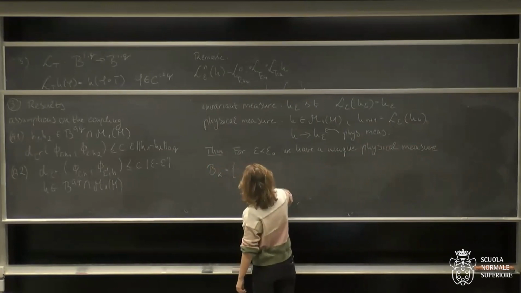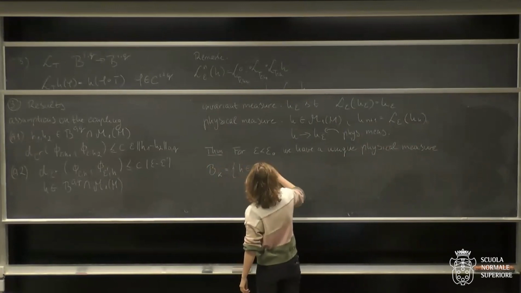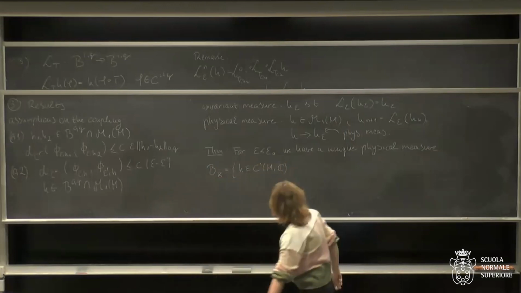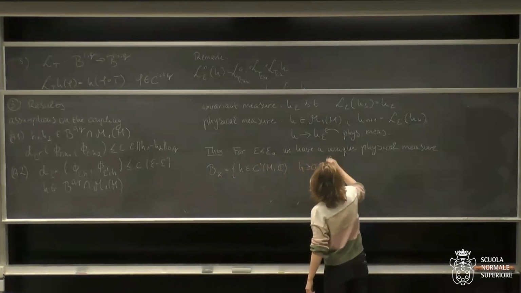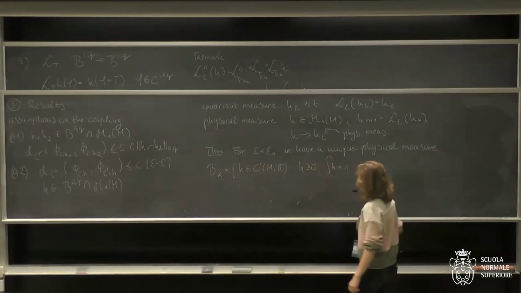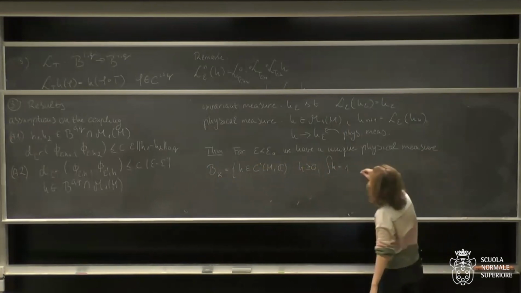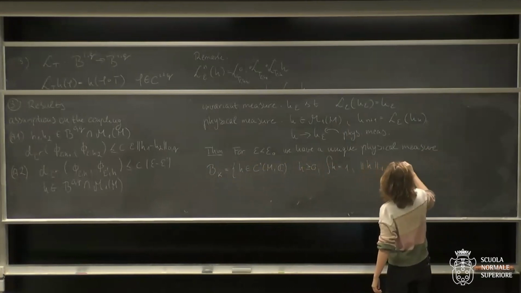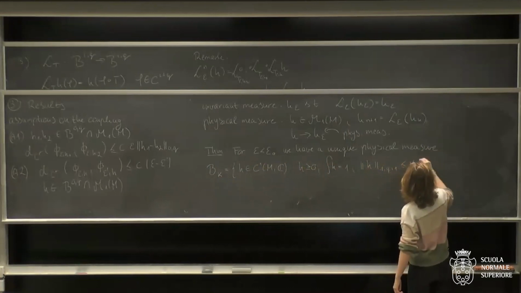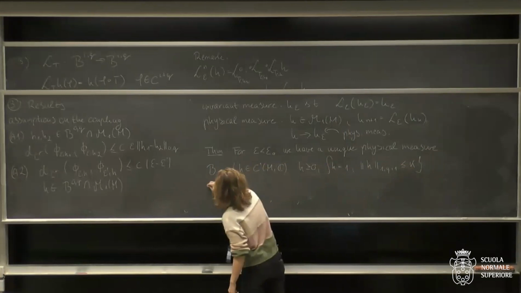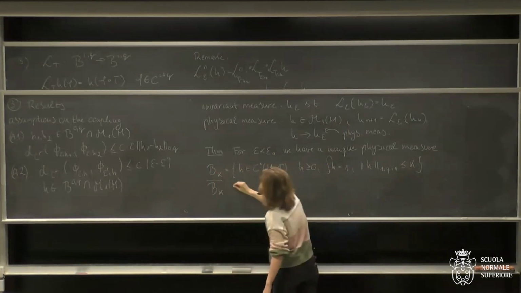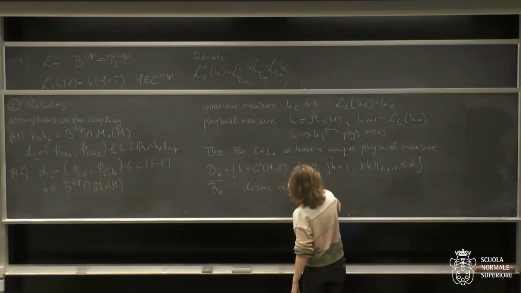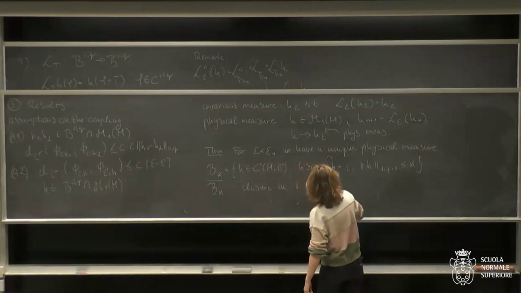This is going to consist of C1 functions that are positive and have integral 1, so they are probability densities, and their C1 norm is smaller than K. And now we want to close this set in the weak norm, so this is going to be the closure in the C0 norm.